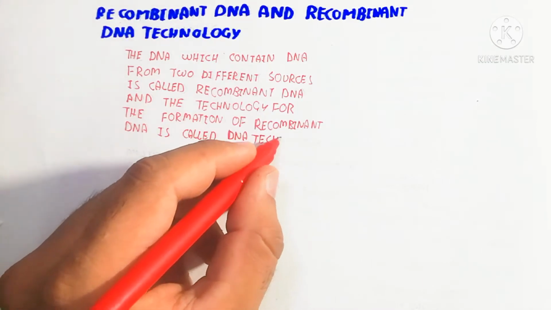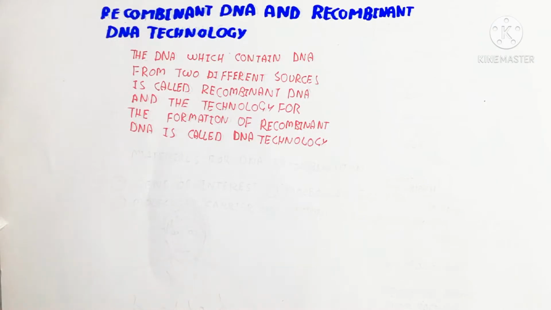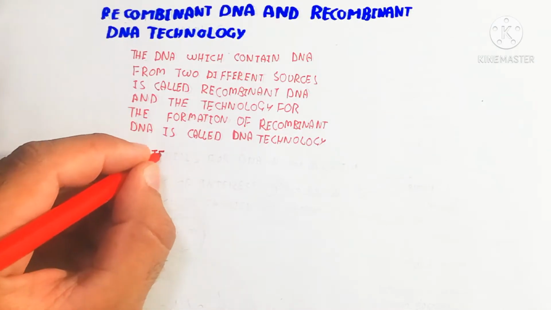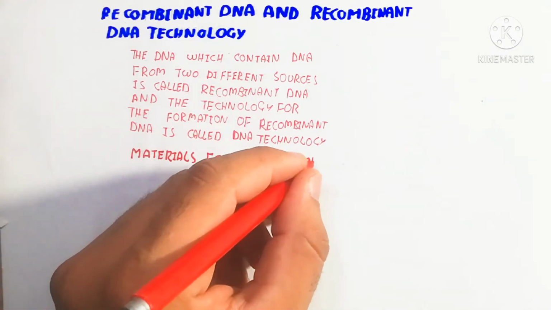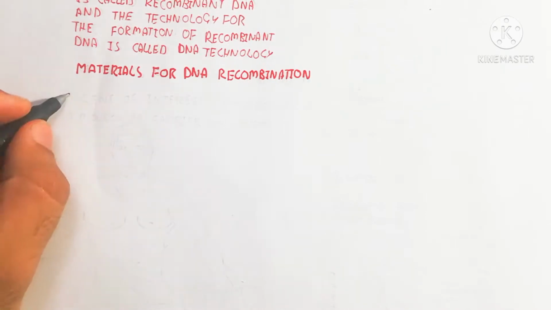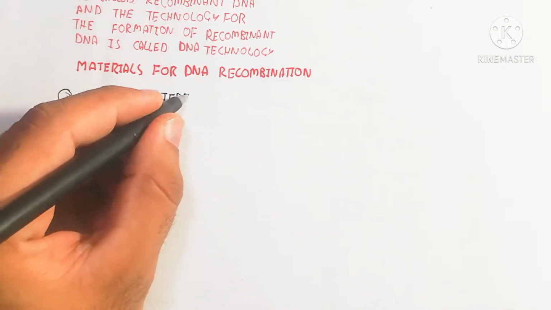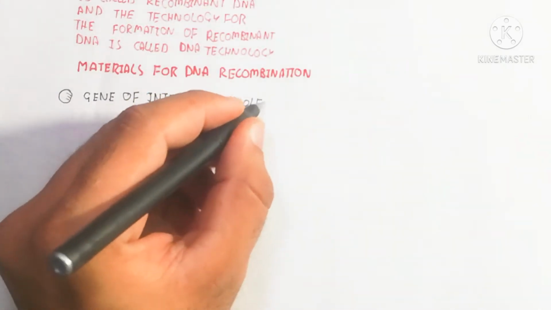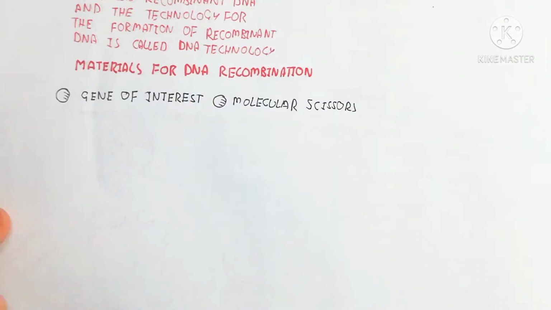The materials for DNA recombination: here we will discuss the gene of interest. The gene of interest is the gene which is our desire. The molecular scissor is a restriction enzyme used for cutting the DNA into segments, also known as the endonuclease enzyme.